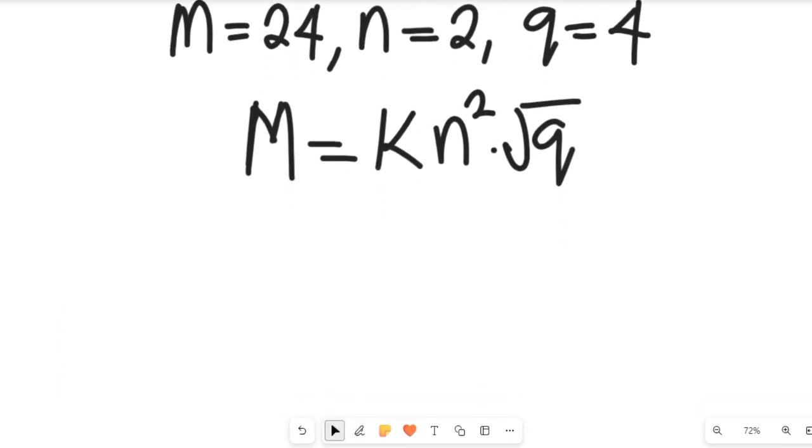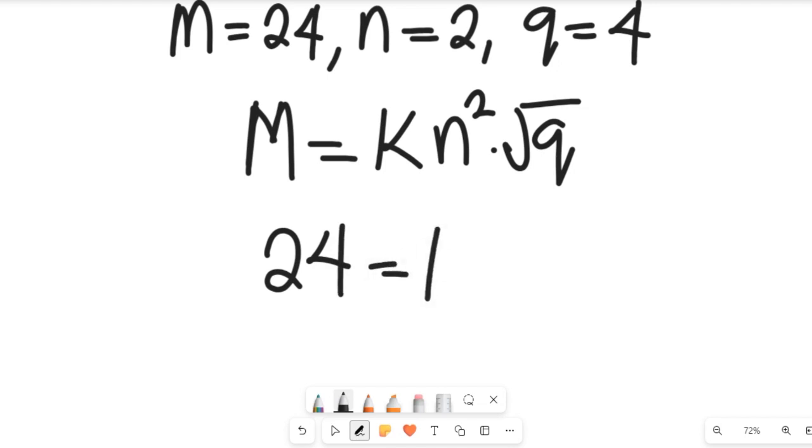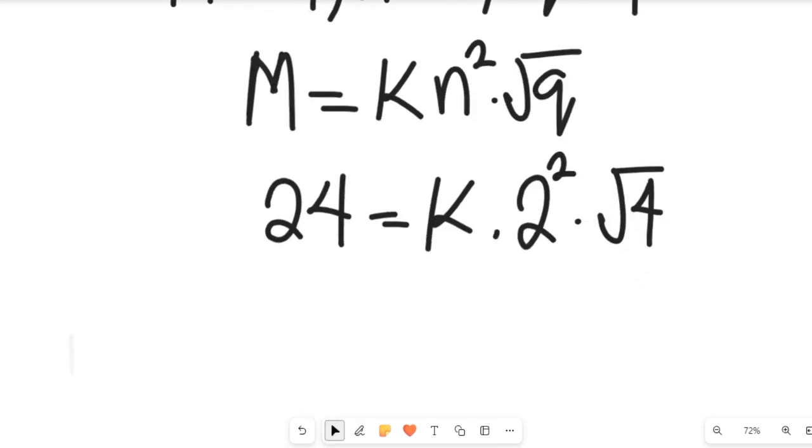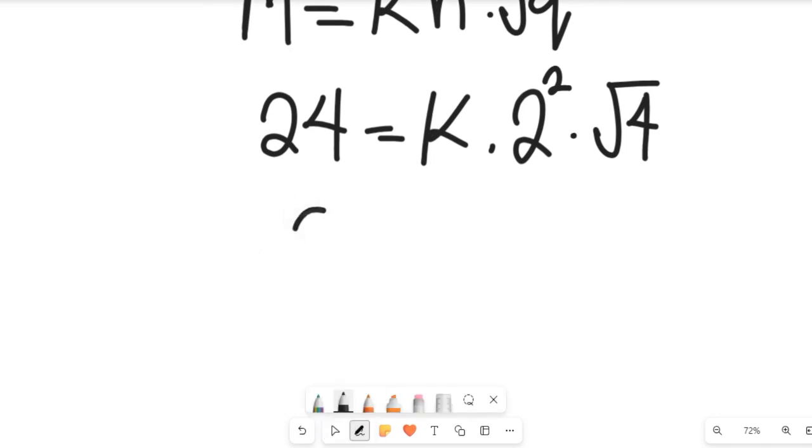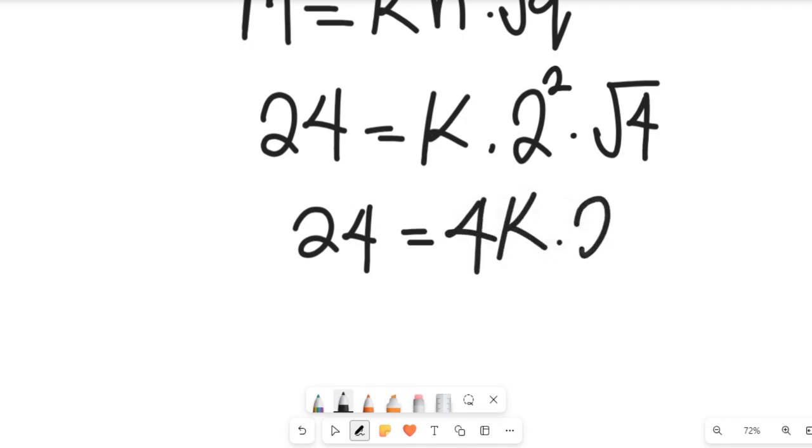So this will give us 24 equal to k multiplied by 2 squared and then multiplied by the square root of 4. So the solution will give us 24 equal to 4k multiplied by 2.